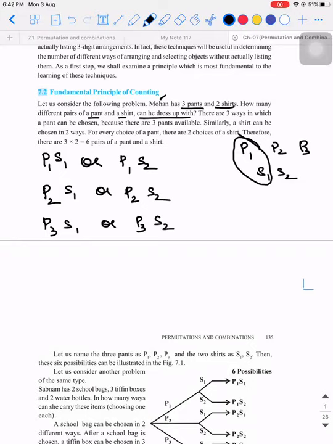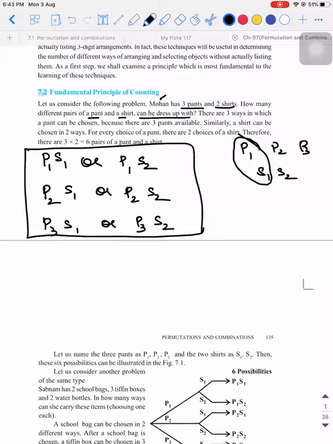If you observe all these things, how many such possible ways are there? In how many ways can he achieve this task of wearing a pant and a shirt? How many possibilities are there, guys? 1, 2, 3, 4, 5, 6.